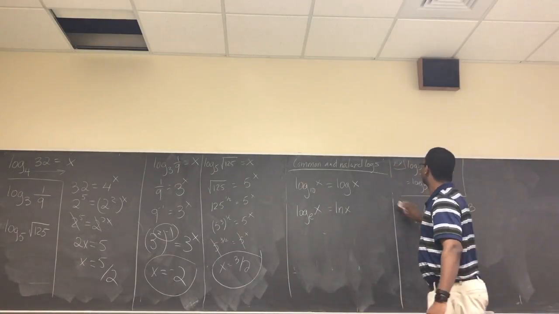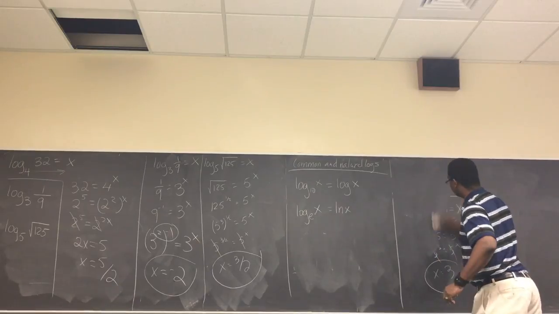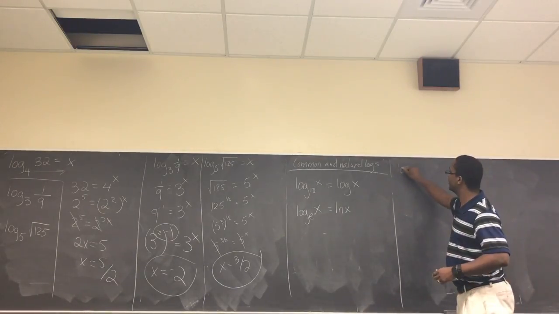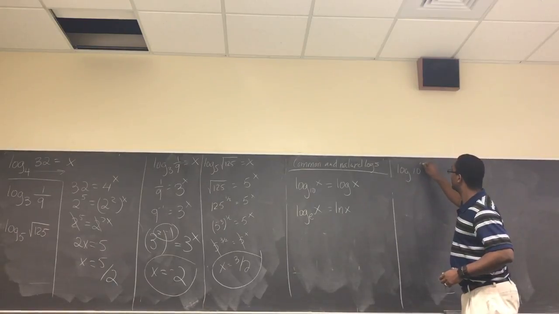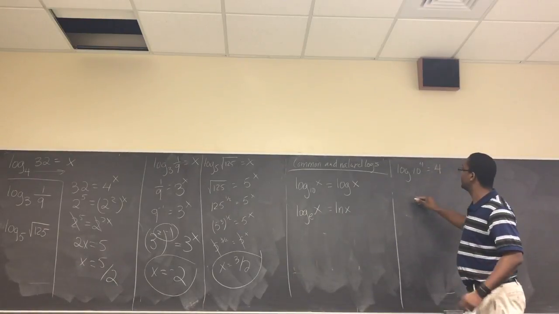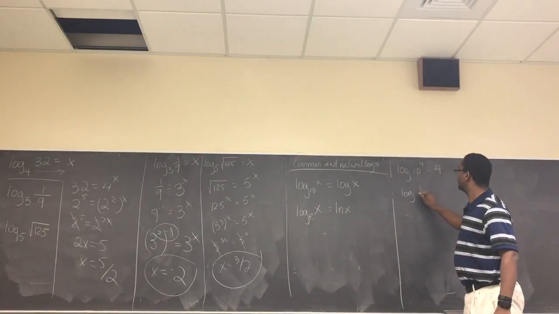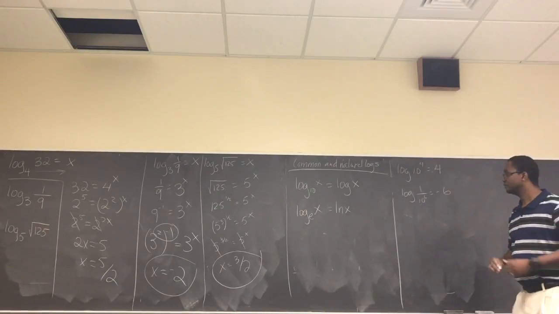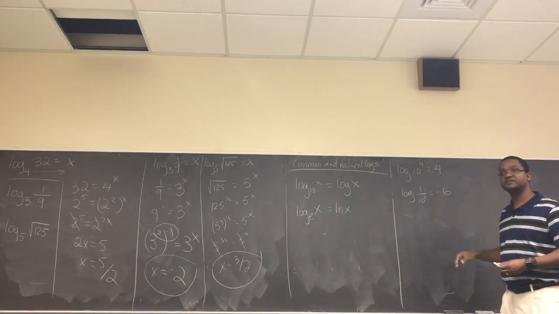And so what that means for us is that if I have log of 10 to the 4th power, the answer is going to be 4. If I have log of 1 over 10 to the 6th power, the answer is going to be negative 6. When I flip it, the power becomes negative.